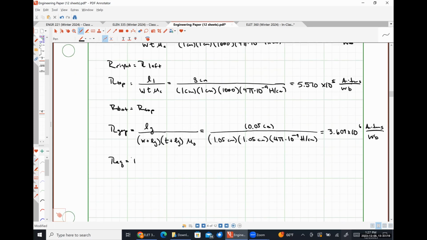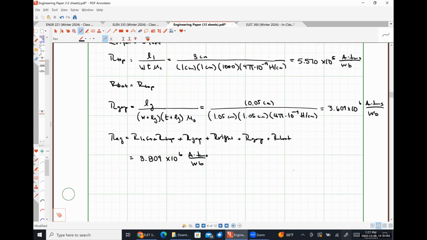So our equivalent reluctance will just be our left plus our top plus our gap plus our right plus our gap plus our bottom, and adding all of these guys together, I got 8.809 times 10 to the 6 amp turns per Weber.